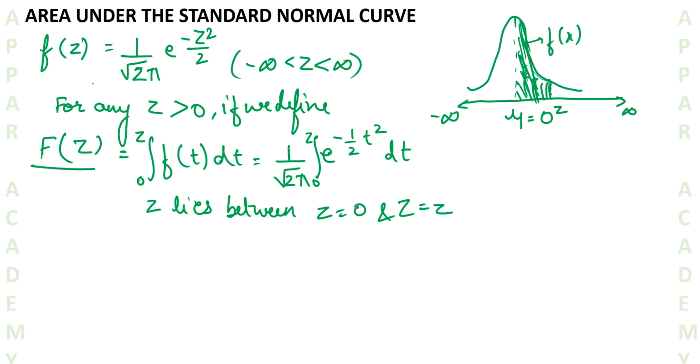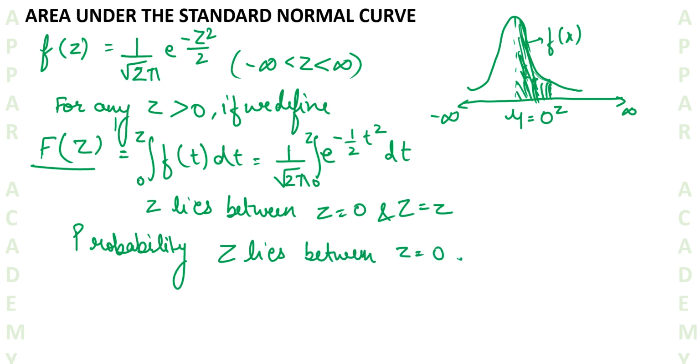If I want to find the probability that z lies between 0 and z, this is nothing other than this F of z. So basically F of z represents the probability that z lies between 0 and z, right?